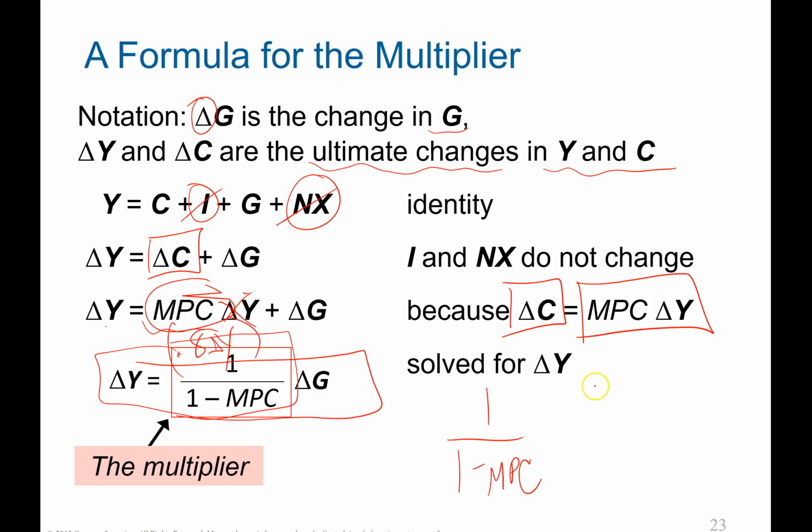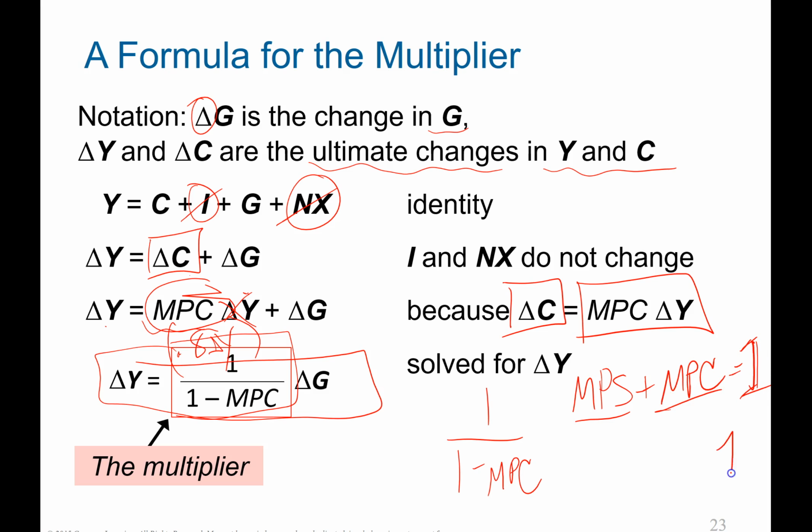The reason for that is because we'll go back to that assumption that every dollar of additional income is either saved or spent. So here's what we know. The marginal propensity to save and the marginal propensity to consume together equal 1. So think about it this way.